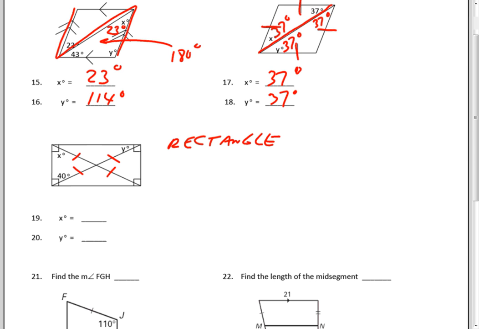I would immediately put that in there, just to remind myself that I've got isosceles triangles inside of this figure. And within an isosceles triangle, you got base angles equal. So I know that immediately is another 40. If that is 90 and that's 40, then that's got to be 50, which means we got to have 50 over here because it is isosceles.